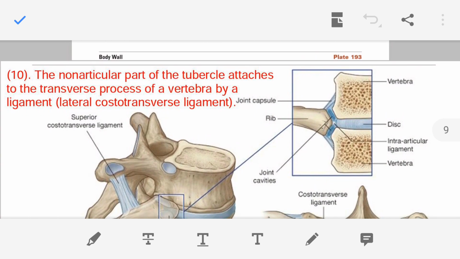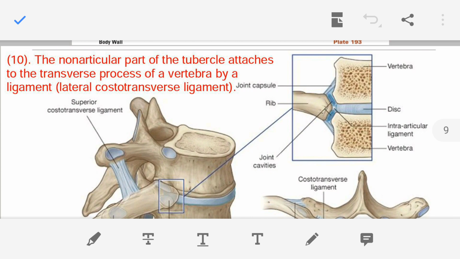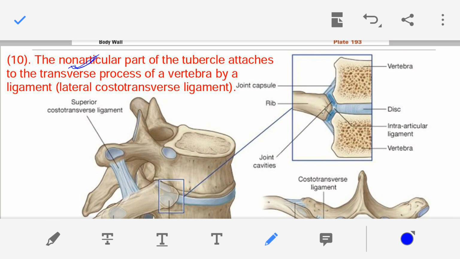Now, the non-articular part of the tubercle attaches to the transverse process of a vertebra by a ligament.